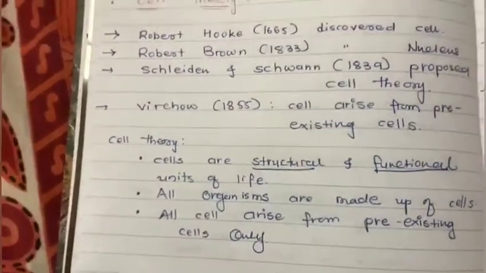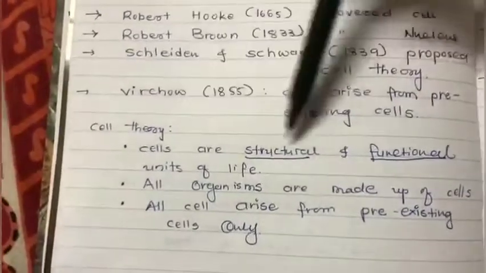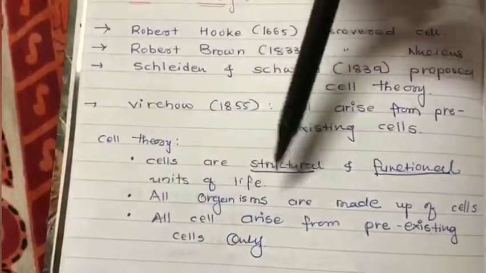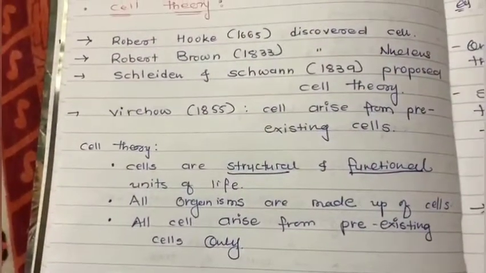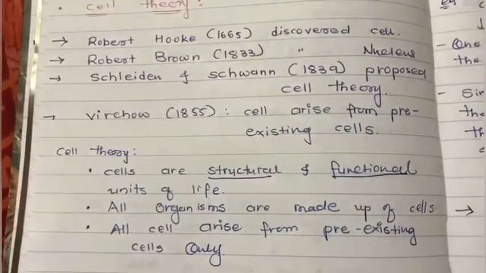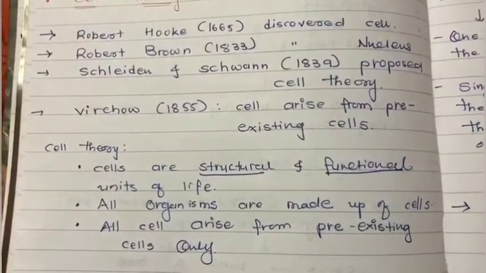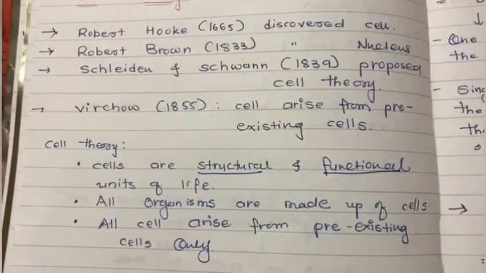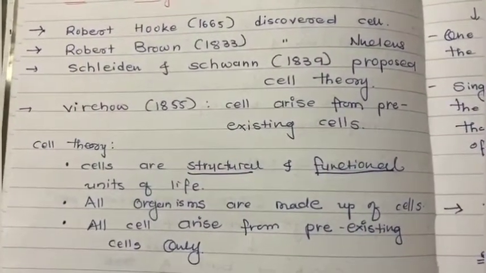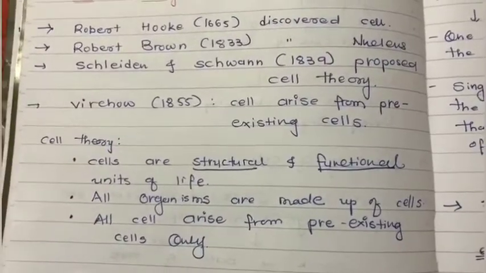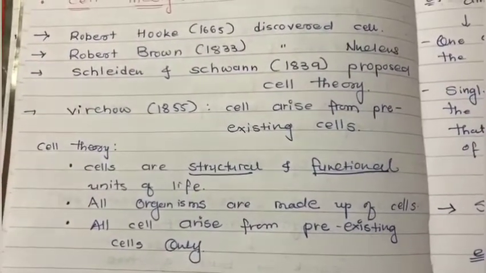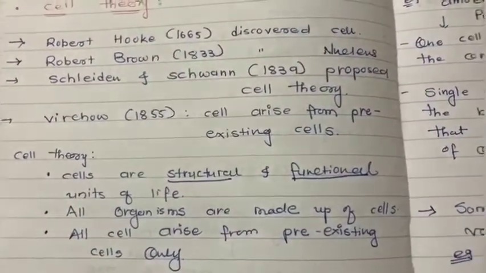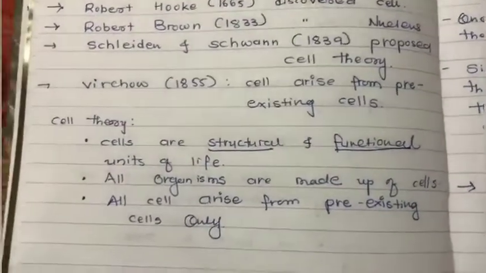That's why cells are the structural and functional unit of life. Okay, understood? Next is all organisms are made up of cells. As I mentioned earlier, this includes all humans, animals, birds, and plants; all are made up of cells. Now the last one.